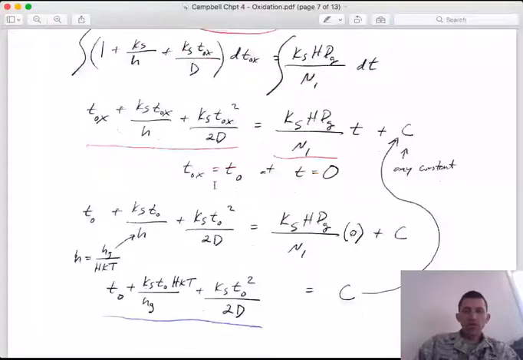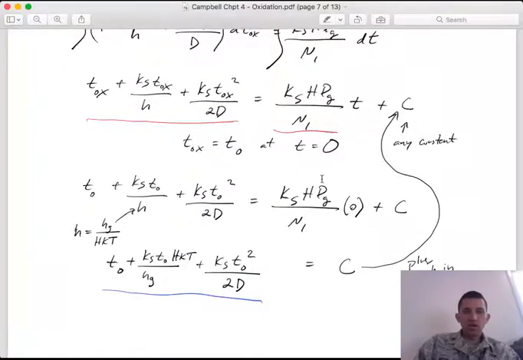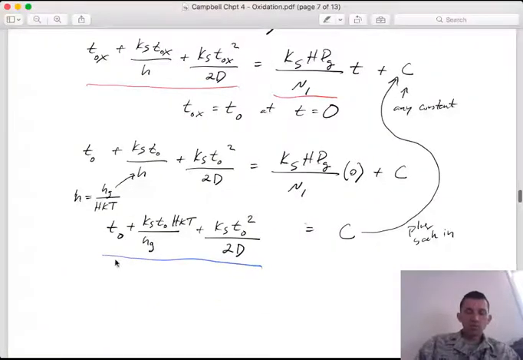Then we'll apply our boundary condition, that at t equals 0, we have T ox equals some T naught, some initial thickness. So we'll plug in T naught for T ox, we'll plug in 0 for T, that knocks out this term, which leaves us our constant equal to this collection of environmental constants and our initial oxide thickness.